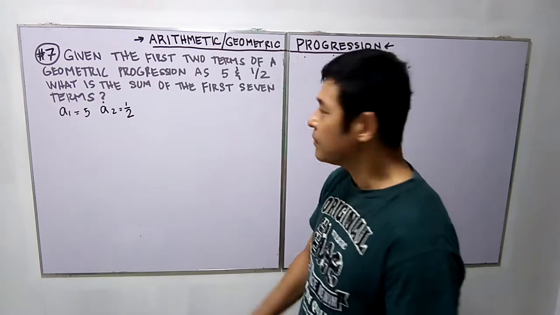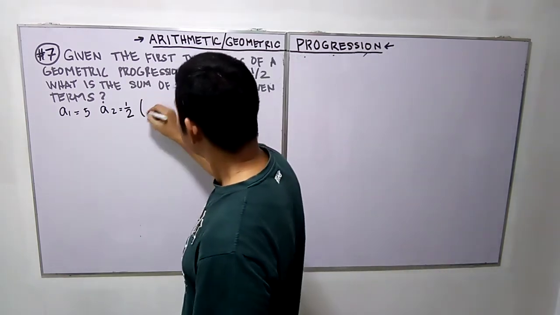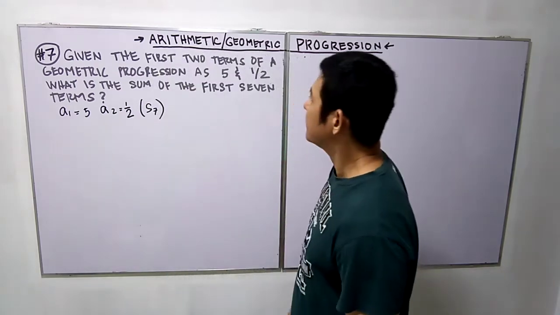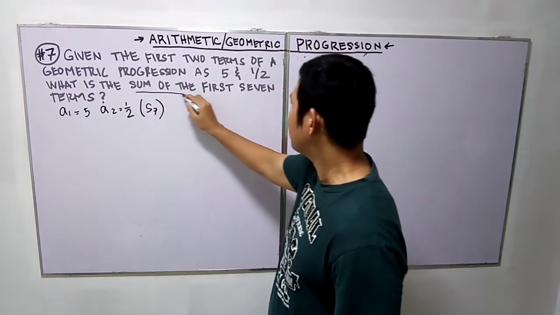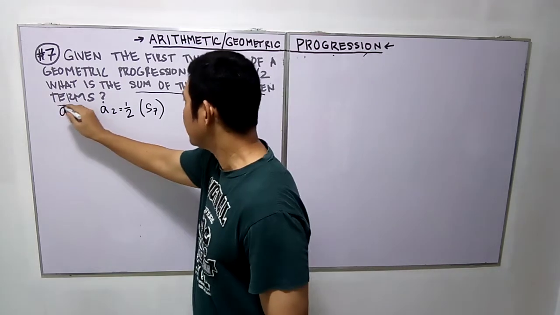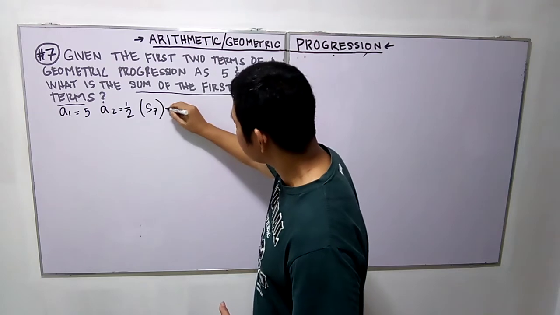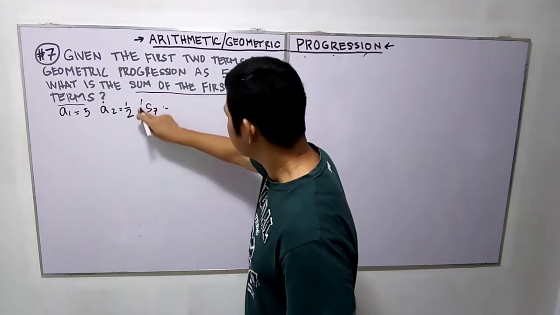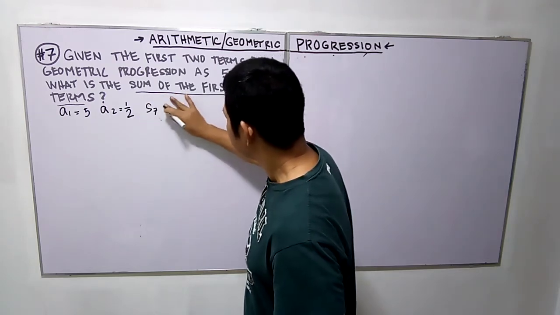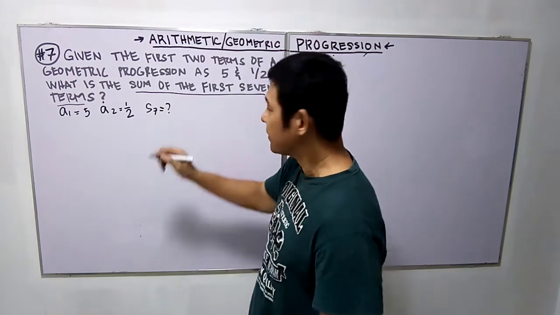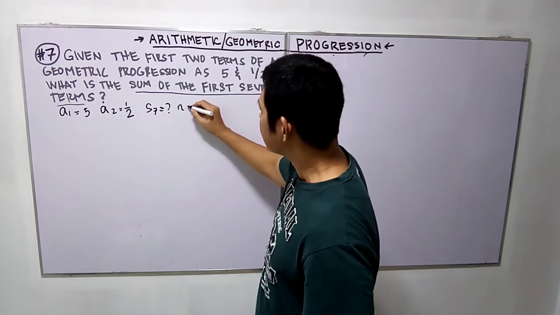Ang hinahanap po rito yung S7 o yung tinatawag na sum of the first 7 terms. Ibig sabihin, S7 is equals to blank.